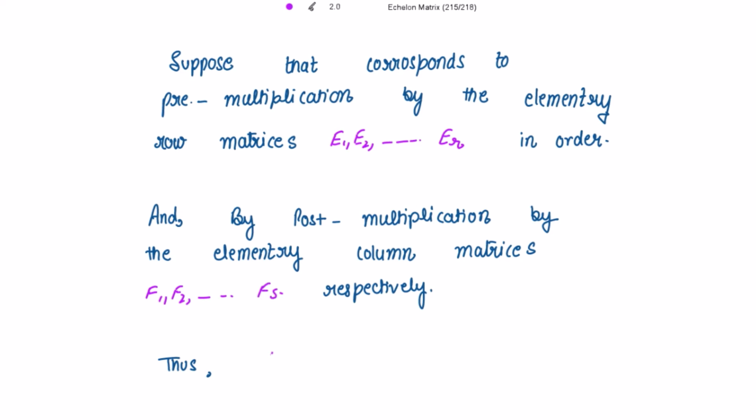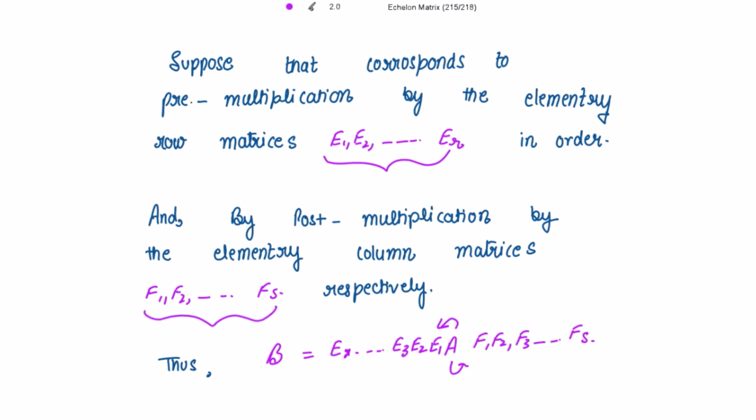Thus, I can write B to be equal to A multiplied with the elementary row matrices, that is the product of these matrices, and post-multiplying the elementary column matrices, the product. Because I need to show that A is obtained from B by applying the row column operations, so I need to make this A alone.